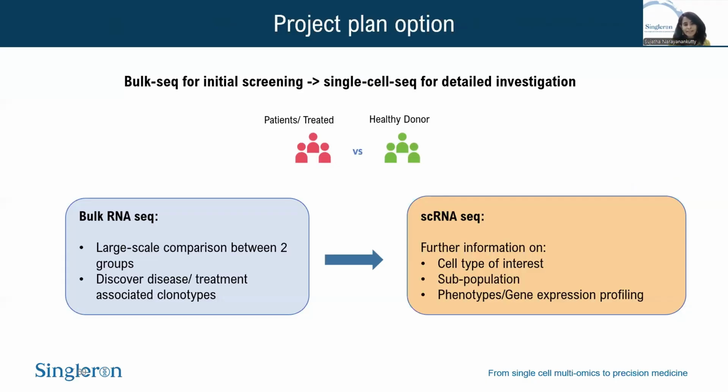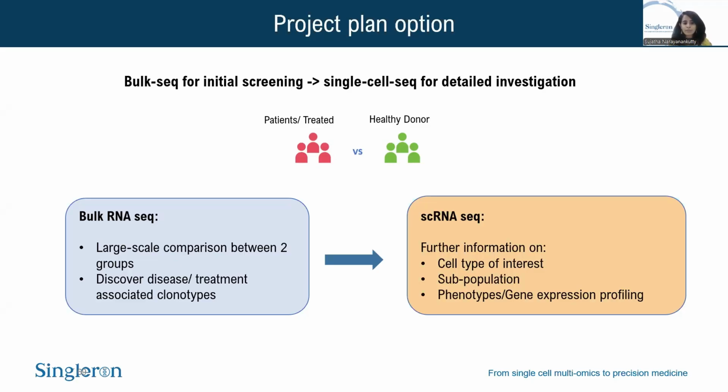And so before I end, if all of this has been new to you and you're still planning your experiment, or if you've done some bulk and you're not quite sure where to go, just think about how all of this falls into a project plan. So I spoke about bulk RNA-seq and single-cell RNA-seq. You can think of using bulk RNA-seq, or you've already used it for some kind of initial screening, like you did some bulk comparison between groups.